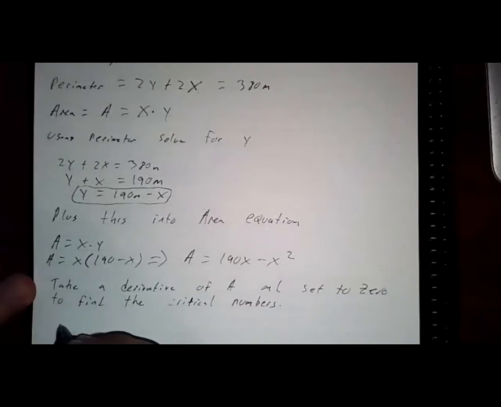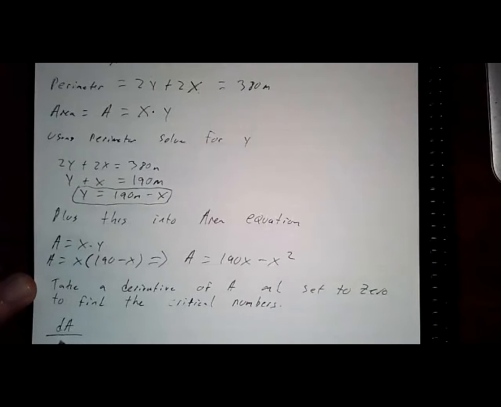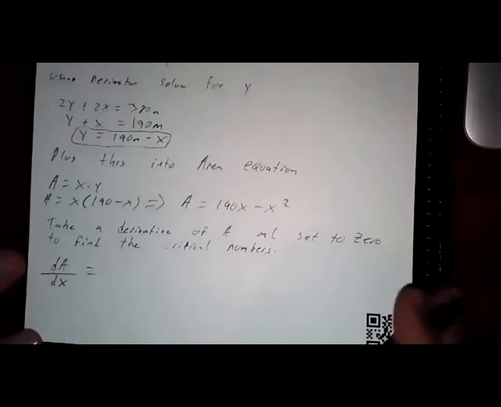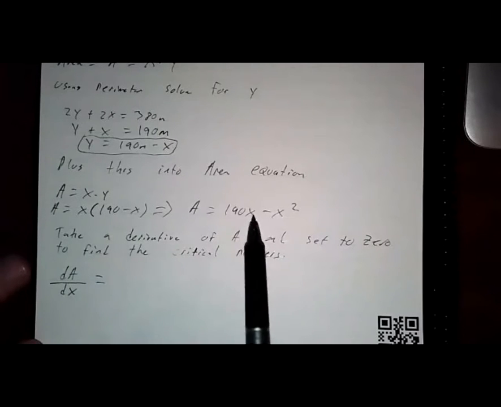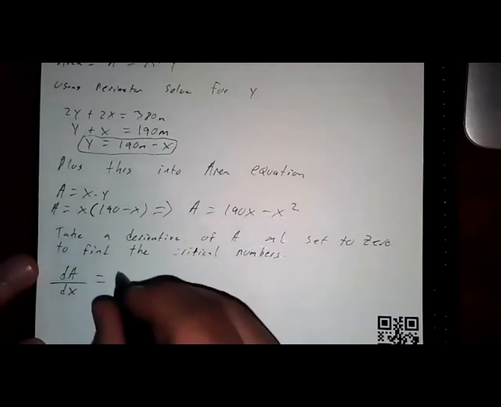Okay, so find dA/dx. So what is dA/dx equal to? The derivative is 190 minus 2x.